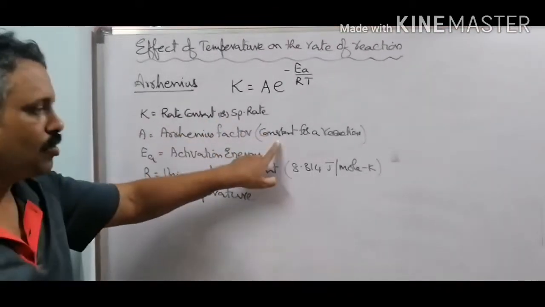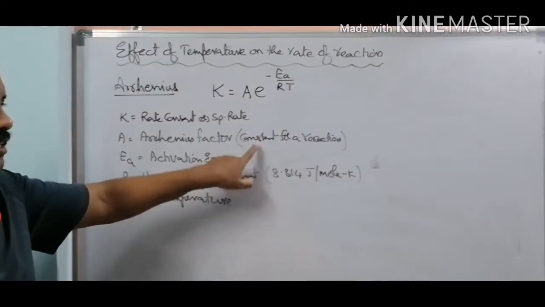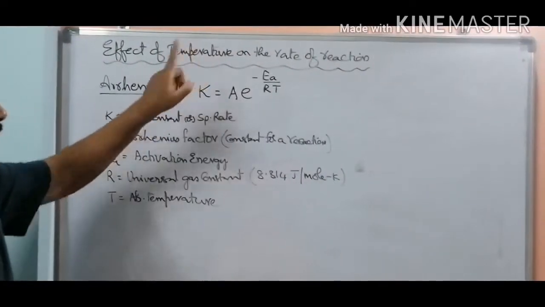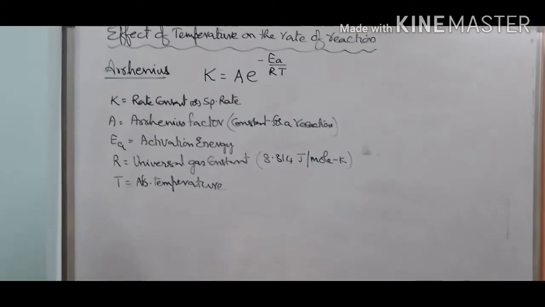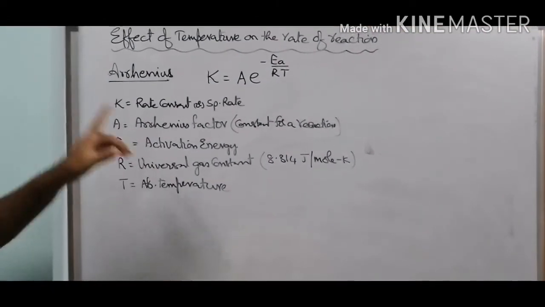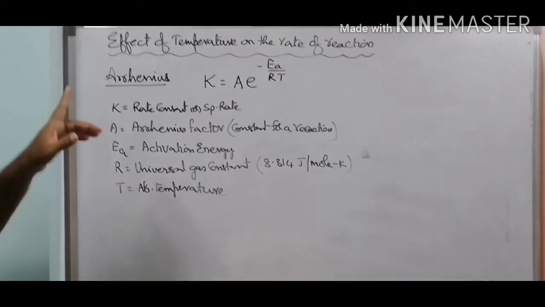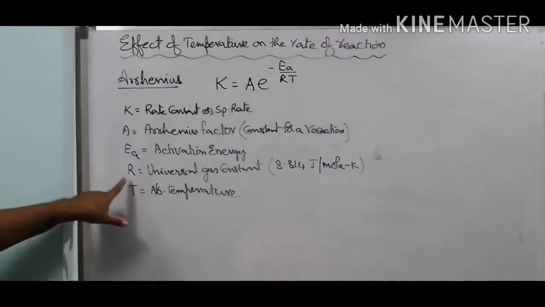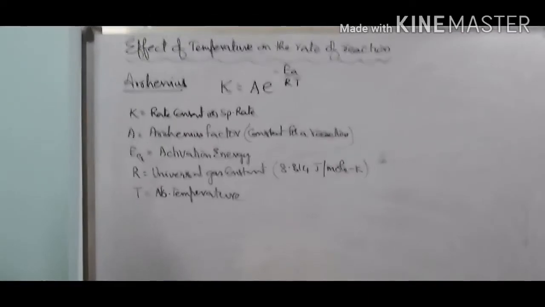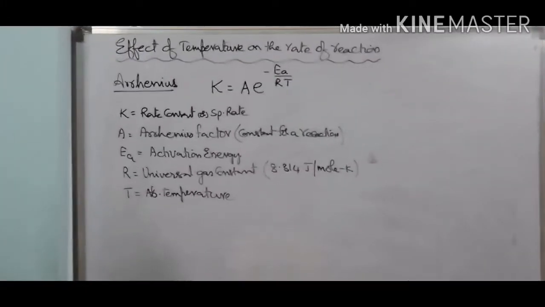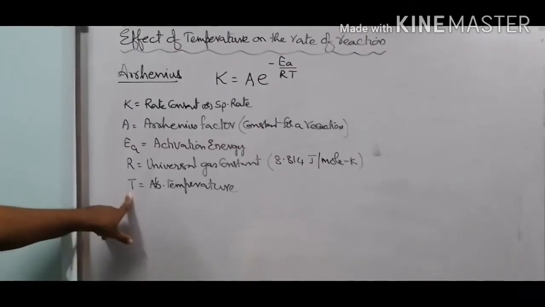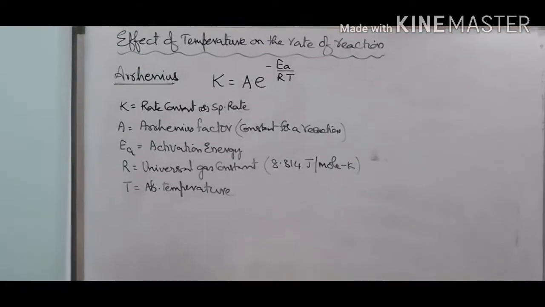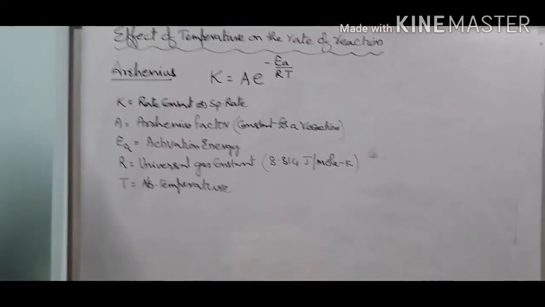Remember, it remains constant for a reaction, it doesn't vary with the change of temperature also. For every reaction, it is a fixed value. It is not varied with temperature. Ea is the activation energy of that reaction, R stands for universal gas constant, and T stands for absolute temperature, that means in terms of the Kelvin scale.